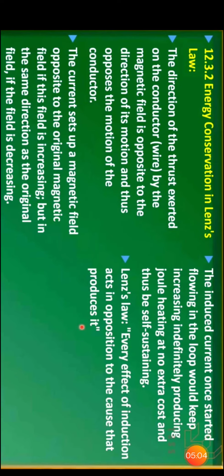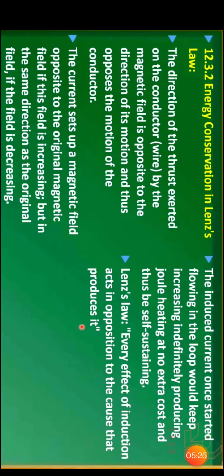The current sets up a magnetic field opposite to the original magnetic field if this field is increasing, but in the same direction as the original field if the field is decreasing.